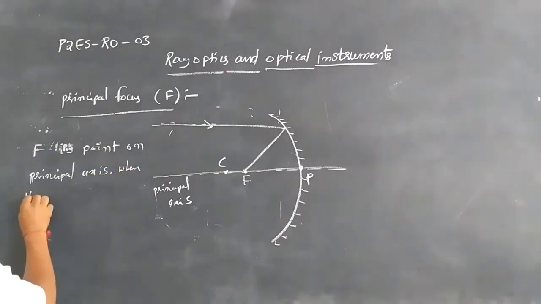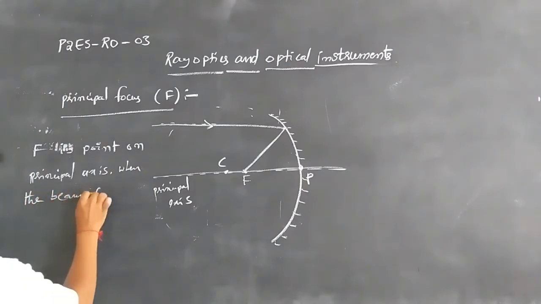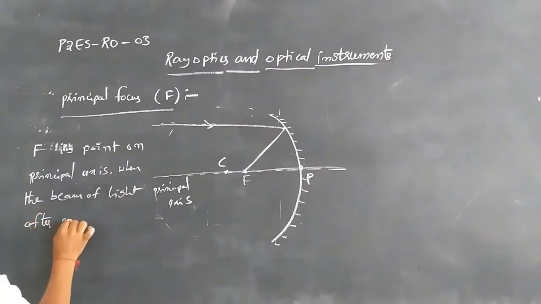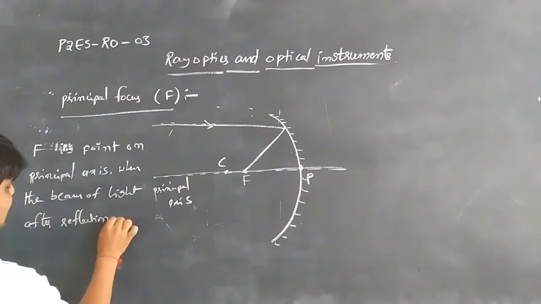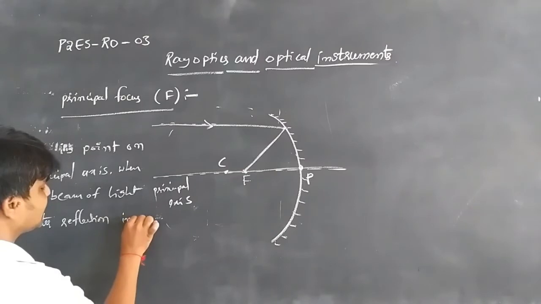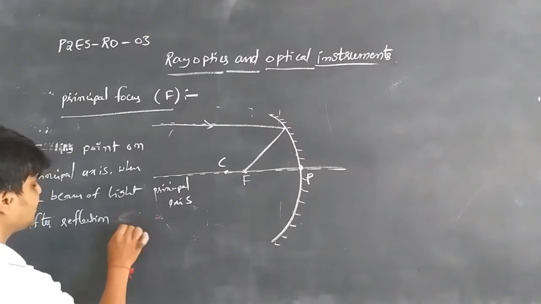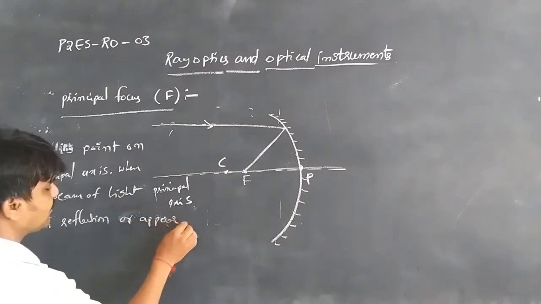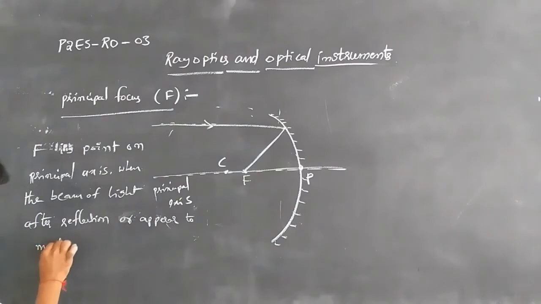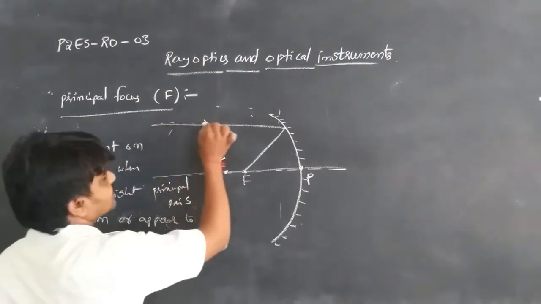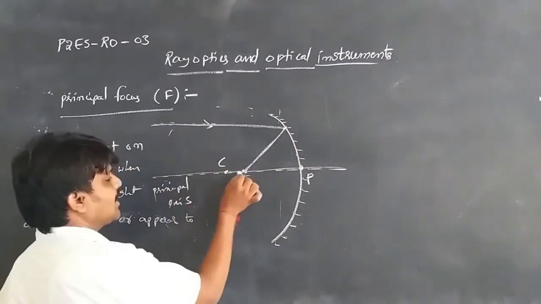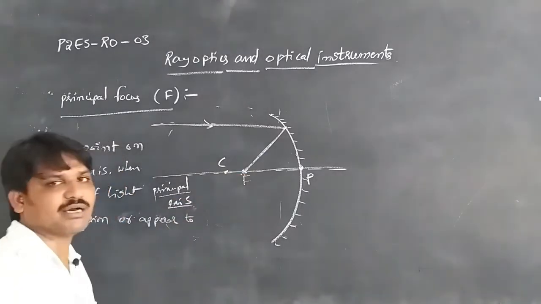When the beam of light, after reflection, meets or appears to meet on the principal axis, that is, the light travels like this, is incident on the mirror, is reflected and meets at some point on the principal axis, that point is called the principal focus.